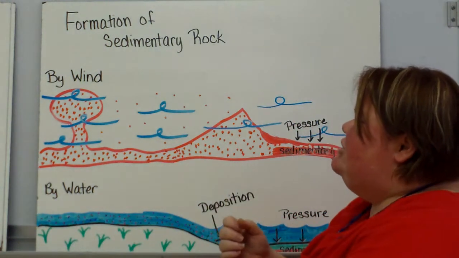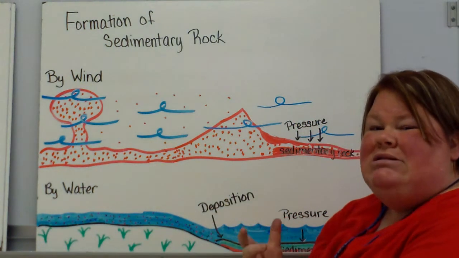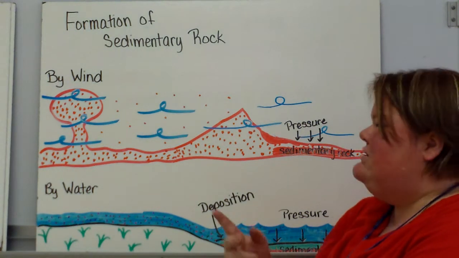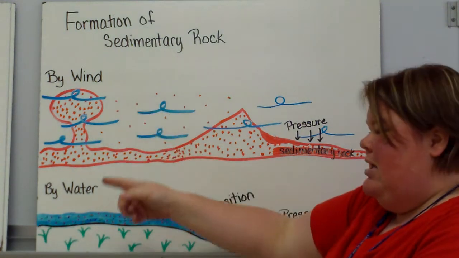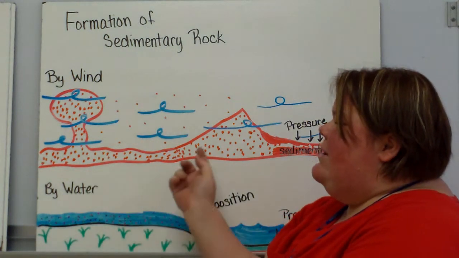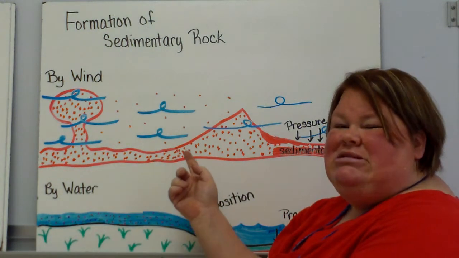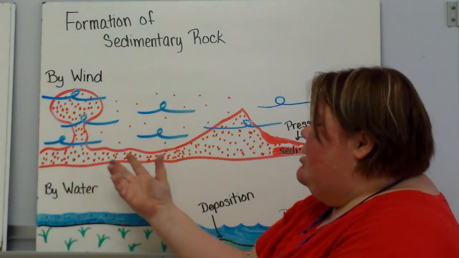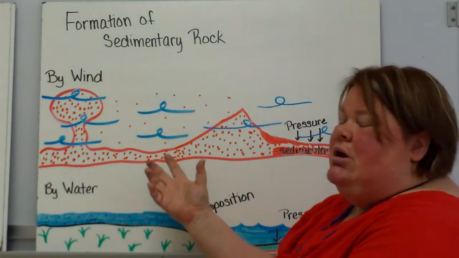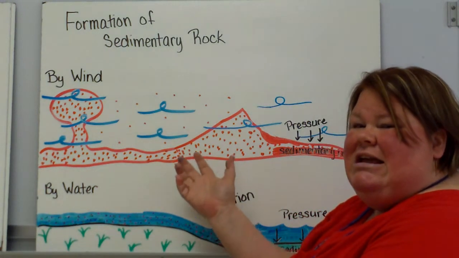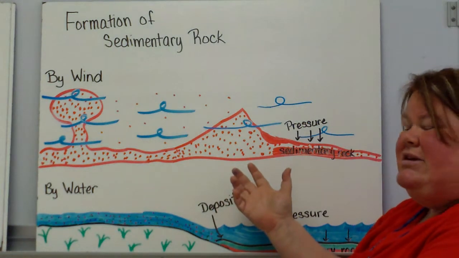Then we have the formation of sedimentary rock. And sedimentary rock can be formed in two different ways. We have by wind and we have by water. What happens is wind will pick up sand, dirt, and other sediments when it blows through the desert or the beach, and it'll carry that sand to a new location.